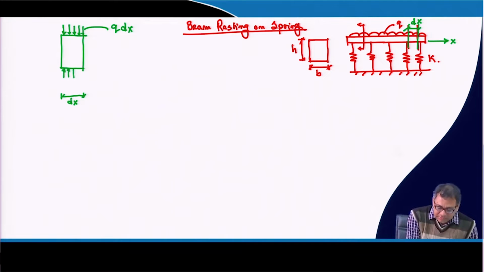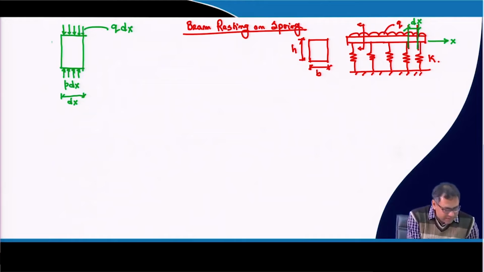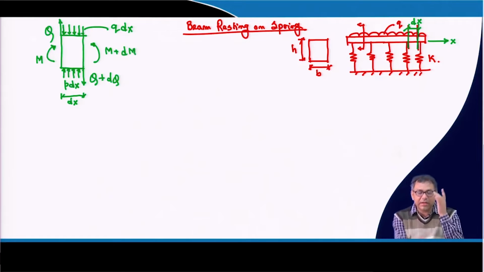So, the total reaction force is p into dx. In this segment, on the left side there will be a shear force Q and a moment M, and on the right side there will be a shear force Q plus dQ and a moment M plus dM. So, these are the forces, the free body diagram of this small segment.